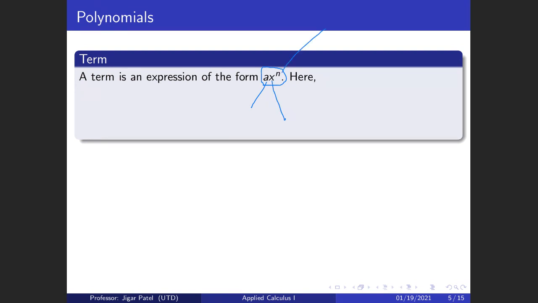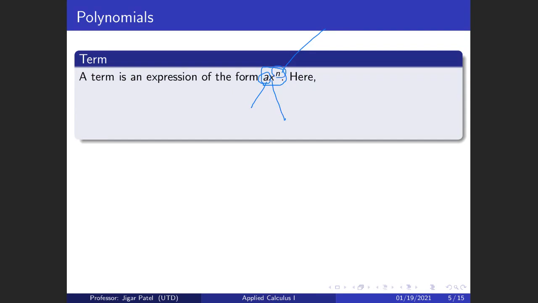I would like to give them a name. I'm going to call a the coefficient, x is a variable and n is the exponent.